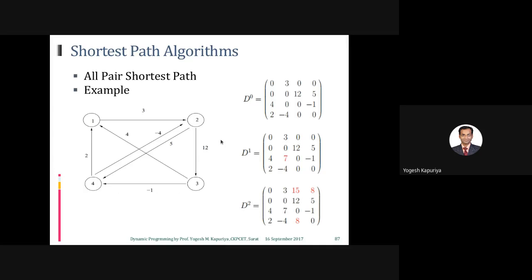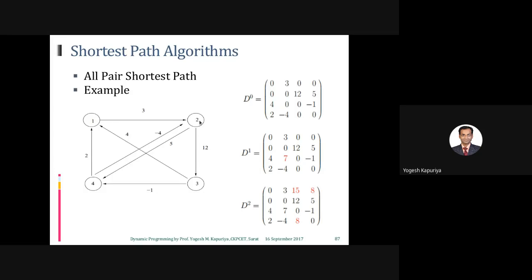So let's try to evaluate this on the graph. It's 11:20. Okay, so let's quickly do this. So we have a first intermediate vertex. That means for every pair, let's say 1 to 2 and 2 to 4.